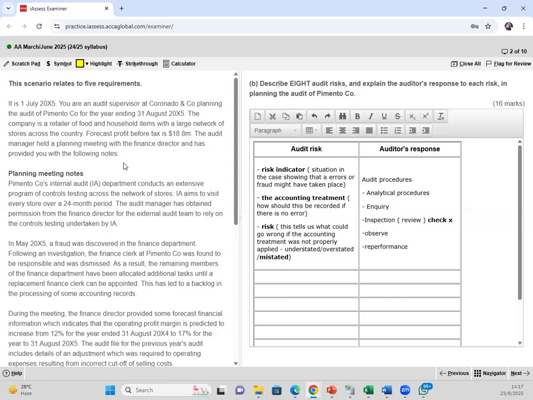Now, let's get to the second paragraph. P company's internal audit department conducts an extensive program of control testing across the network of stores. Internal audit aims to visit every store over a 24-month period.